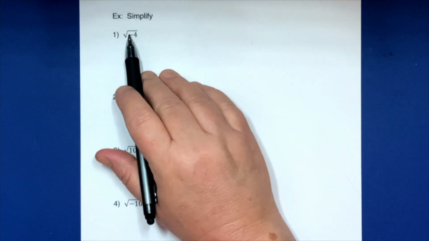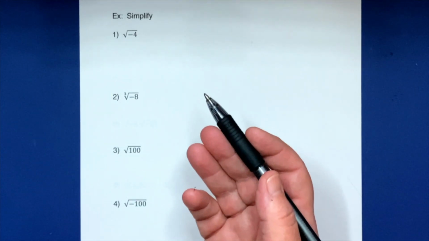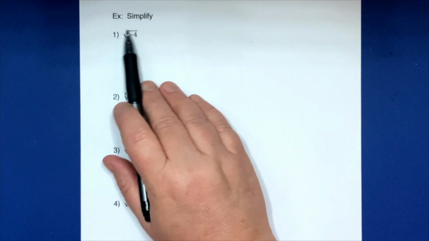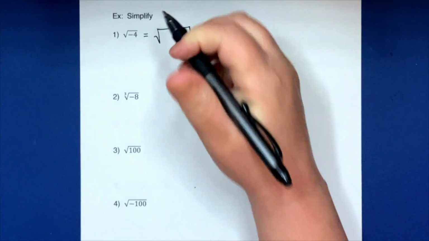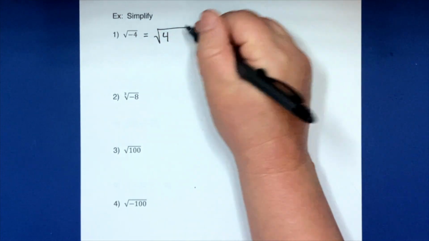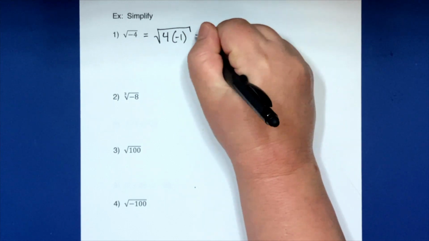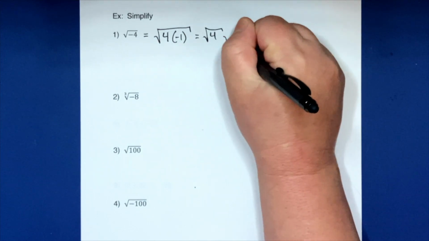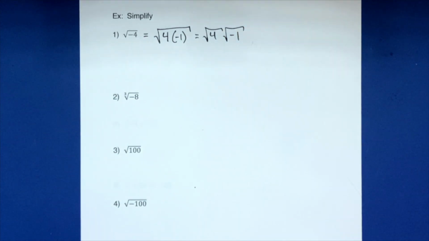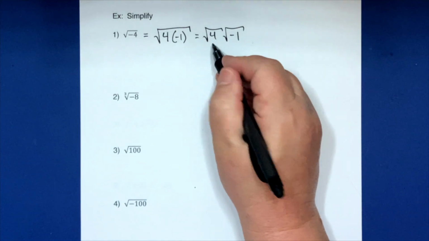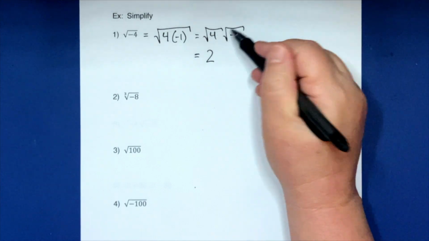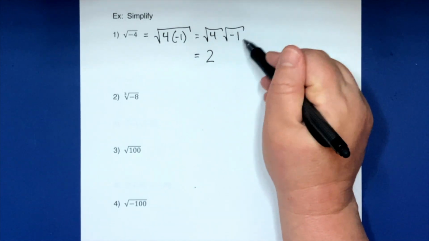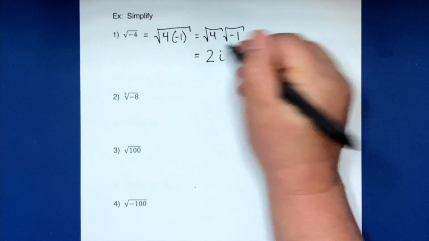Okay, so right off the bat, recall that what we're doing is if we've got a radical, a square root, we're looking at it as the number times a -1 and basically splitting up the two parts. Radical 4 is 2, like it always has been, and radical -1, the negative part of that radicand, is going to be i.